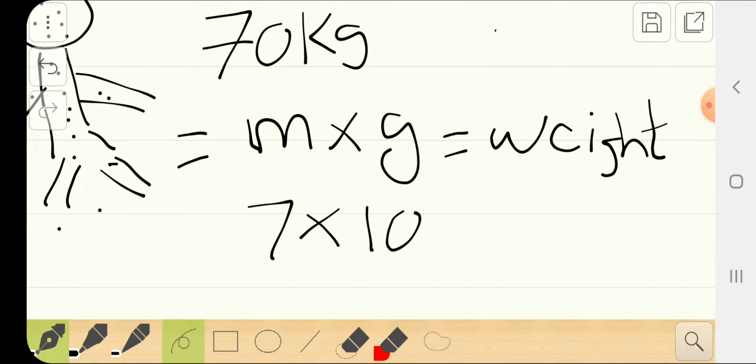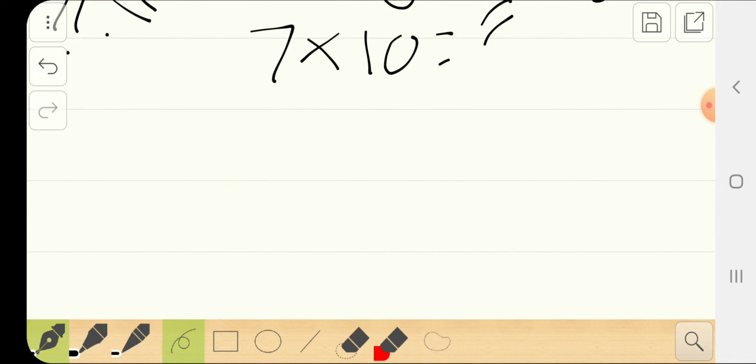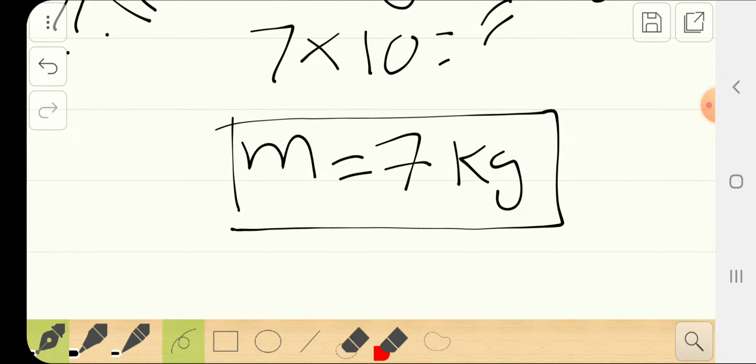It's actually 9.8, which you know, but anyway, I'm approximating it to be 10. So this is the weight. Okay, so the mass here will be 7 kilograms, right? So if you are 70 kilograms, your mass is 7 kilograms.